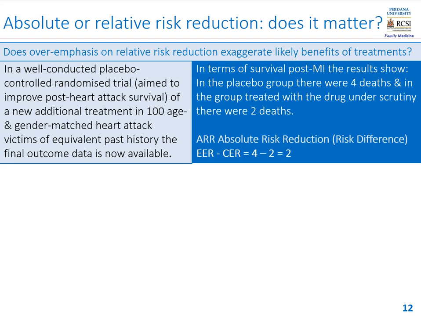The results are now in and show that there was an absolute risk reduction of 2%. So of 100 patients, 4 died who were treated by placebo, and 2 died who were treated by the therapy under scrutiny. Therefore, the absolute risk reduction is 4 minus 2, and that's 2%.